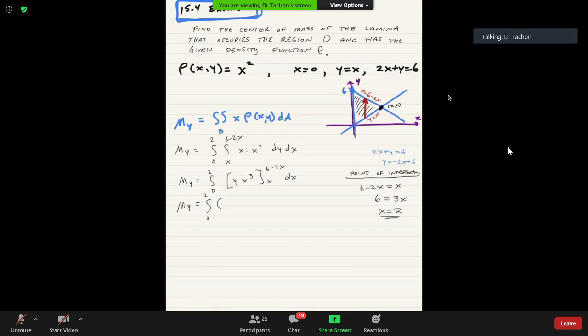Plugging in the upper bound and distributing the x cubed, we have 6x cubed minus 2x to the 4th. Plug in the lower bound: x times x cubed is x to the 4th. So for the moment with respect to y, let me combine these. You have 6x to the 3rd minus 3x to the 4th.